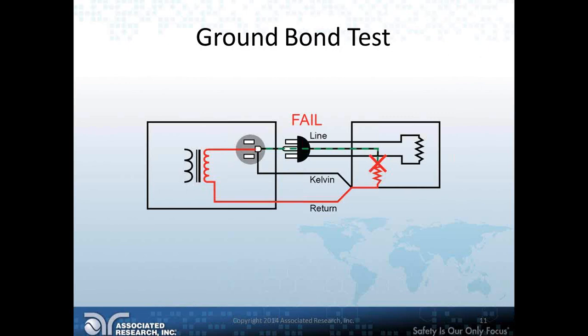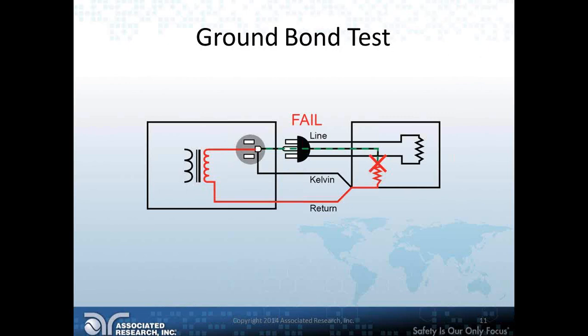Next, we're going to look at the dielectric withstand test, or more commonly known as the high-pot test. This is one of the most common of all electrical safety tests that we will cover. The dielectric voltage withstand test, or high-pot test, is performed by electronic product manufacturers.